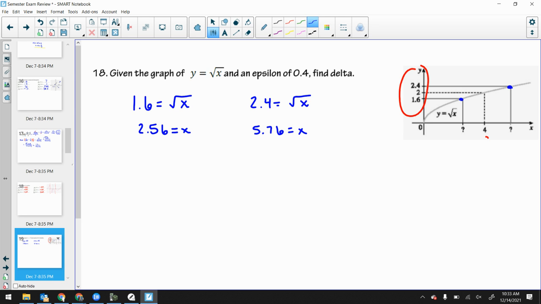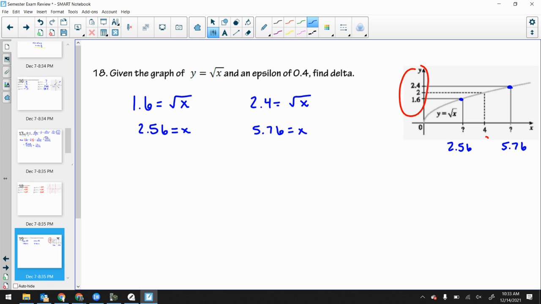Okay, so this is 2.56. This is 5.76. So let me ask you, to ensure that I will get within that window for my y values, which x value am I going to pick? Because it's closer, we're going to pick 2.56.